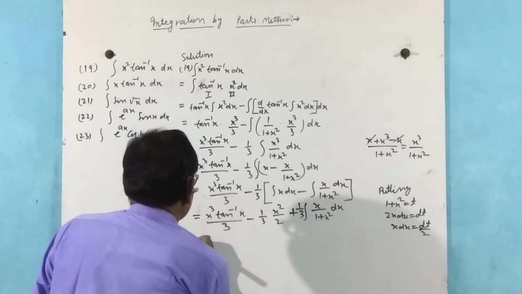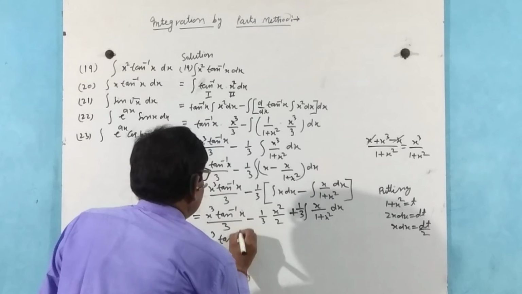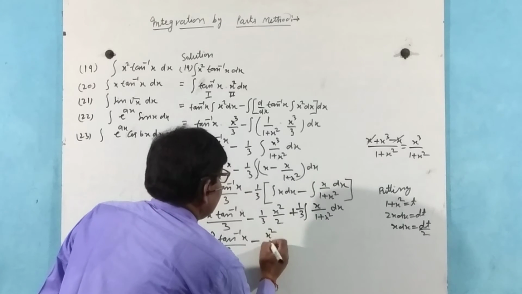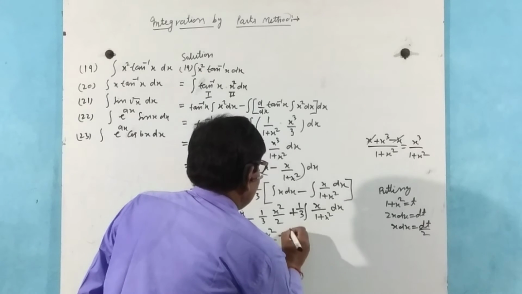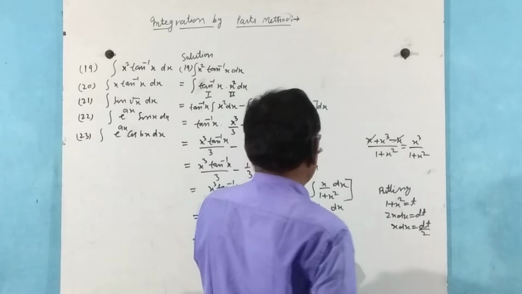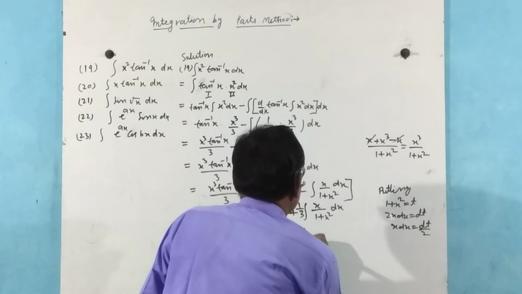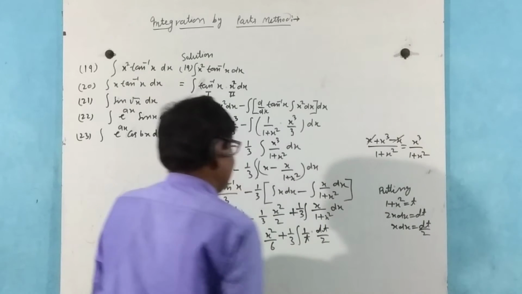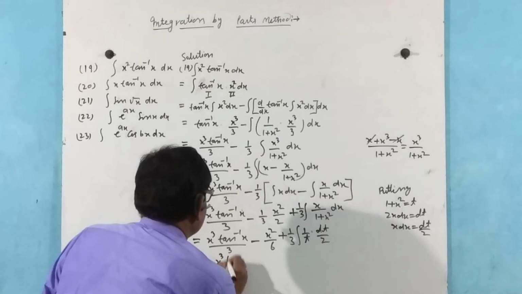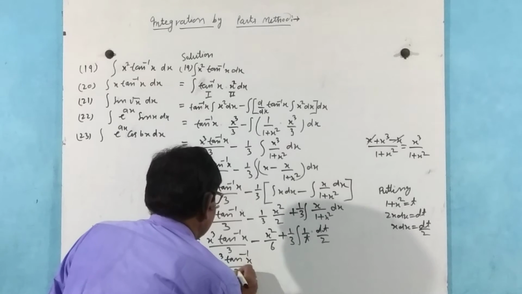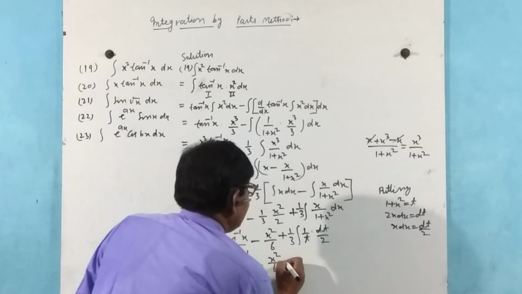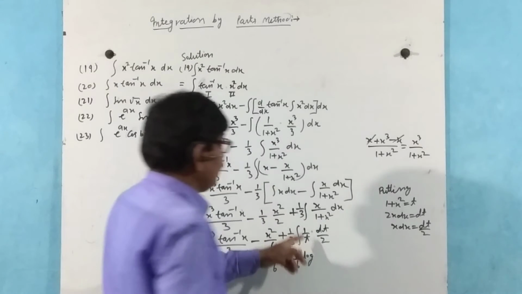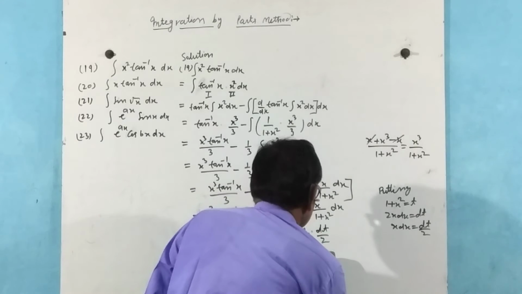So we get x cube tan inverse x by 3 minus x square by 6 plus 1 by 6, the integration of 1 by t dt, which is log t.